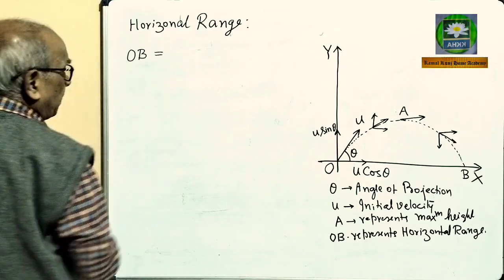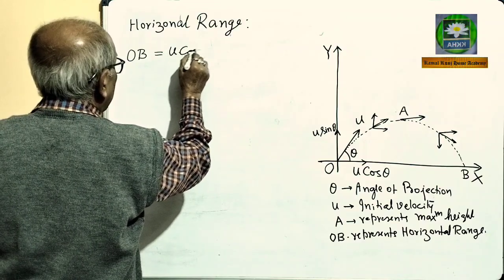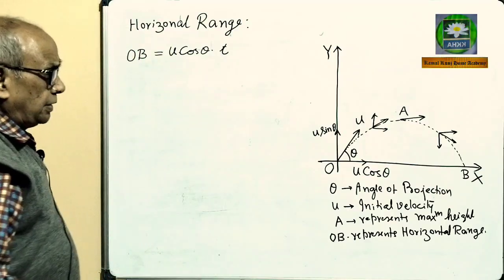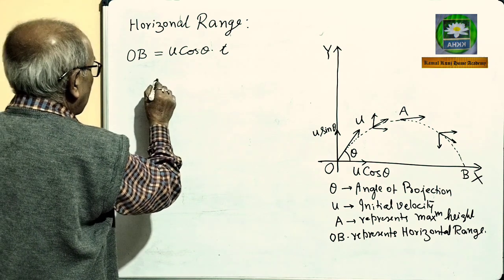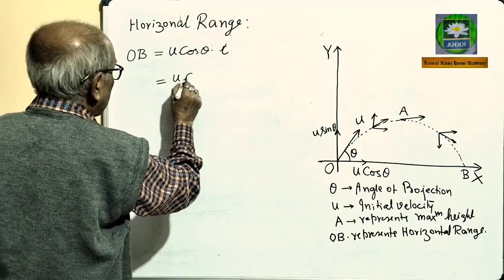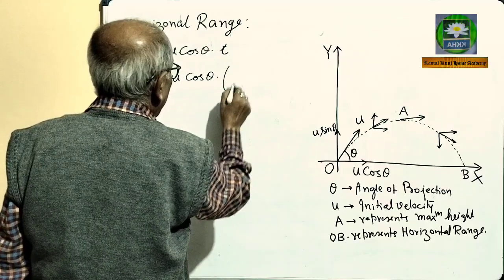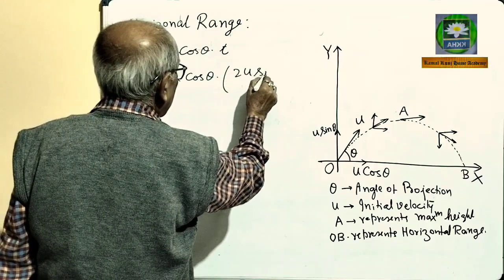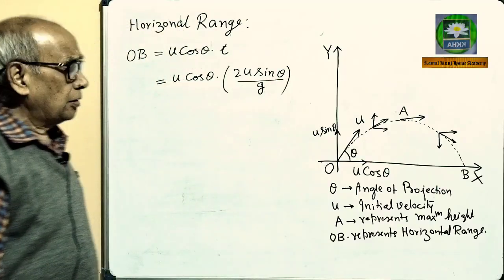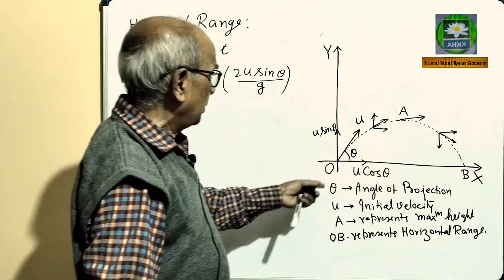This is equal to u cos theta into time t, time of flight. This is equal to u cos theta and time of flight is twice u sin theta by g. This is the time taken from going O to B along OAB.